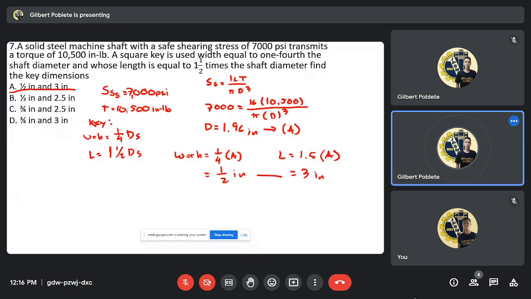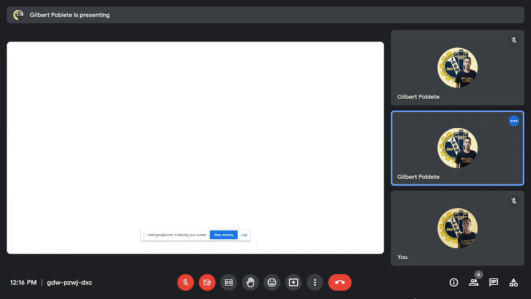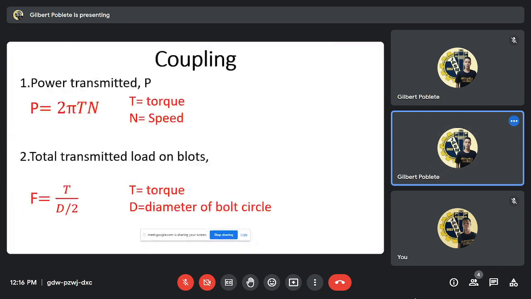So, next. Ayan, so coupling na tayo. So, sa coupling, the power transmitted is 2 pi Tn. T is the torque, tapos N is speed. Tapos the total transmitted load on bolts, force equals to torque over the diameter of the bolt circle over 2.